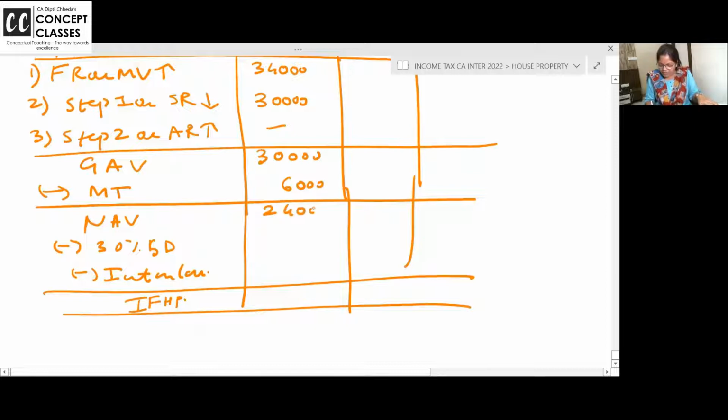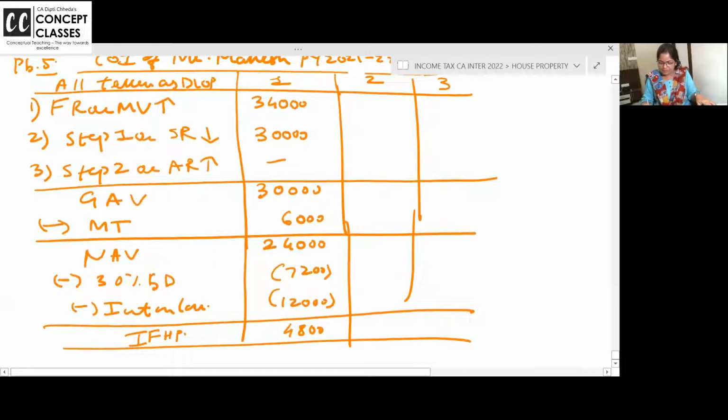Those who have done it from home, are you all checking Dipti ma'am is doing correct or not? 24,000 into 30%, 7,200. And interest on loan is 12,000. NAV ka 30% is standard deduction. So 4,800 is the income.